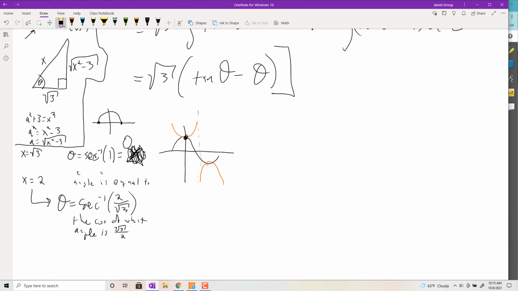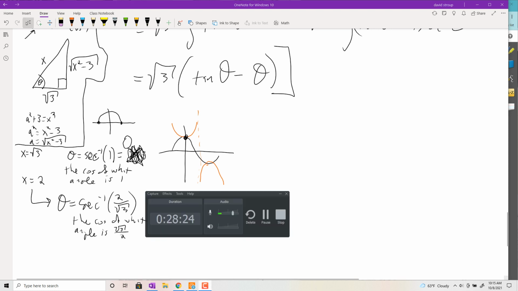So that would have worked. I don't know why my brain is just not, I don't deal with secants very often, I guess. So here I'm asking myself the cosine of what angle is 1, and that would just be 0. I'm sorry.